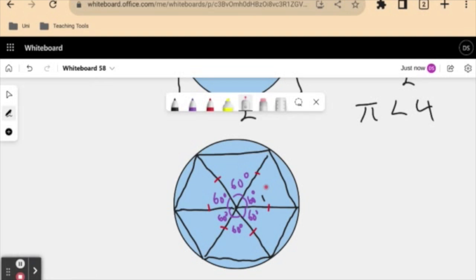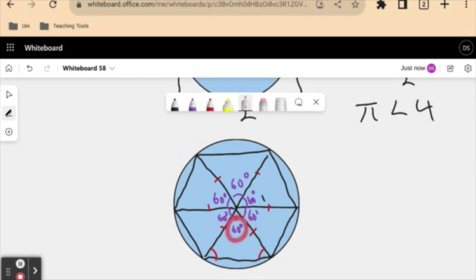Now, if these two sides are equal, let's take this triangle down here. These two sides are equal, and as a result, these two angles are going to be equal. Because as a property of triangles, which we talked about previously in angle geometry and shape geometry, equal sides mean that the angles opposing these sides are equal.